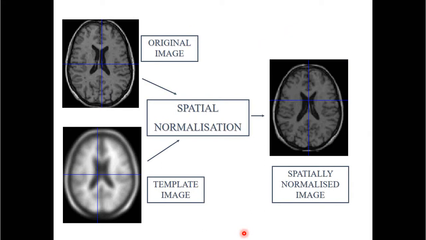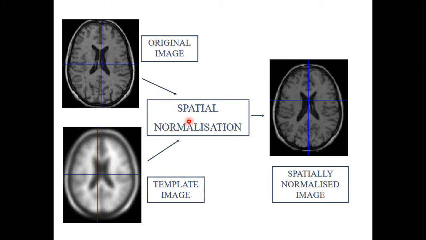So the next step is normalization. Here you use actually two templates, the template from the group and the global template. Both of them are essential for spatial normalization.